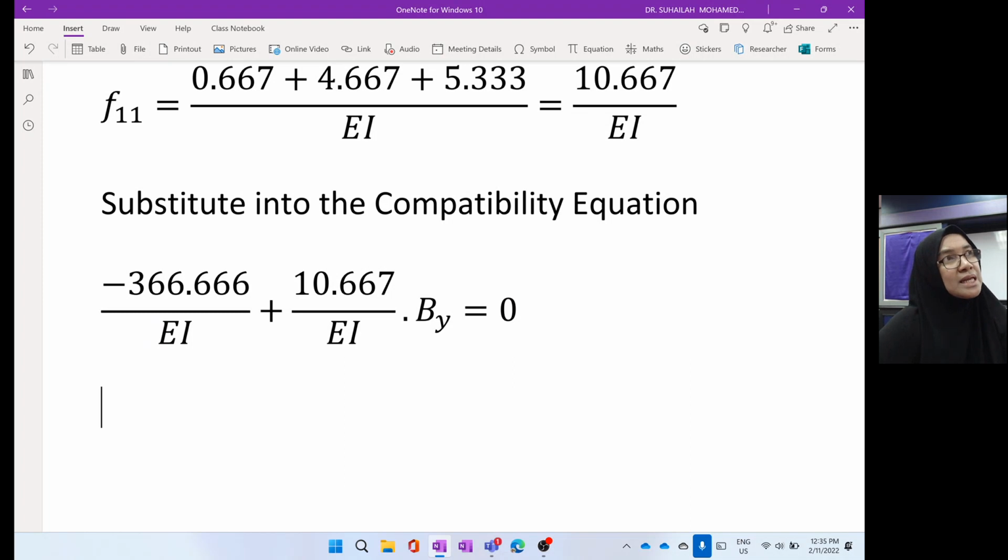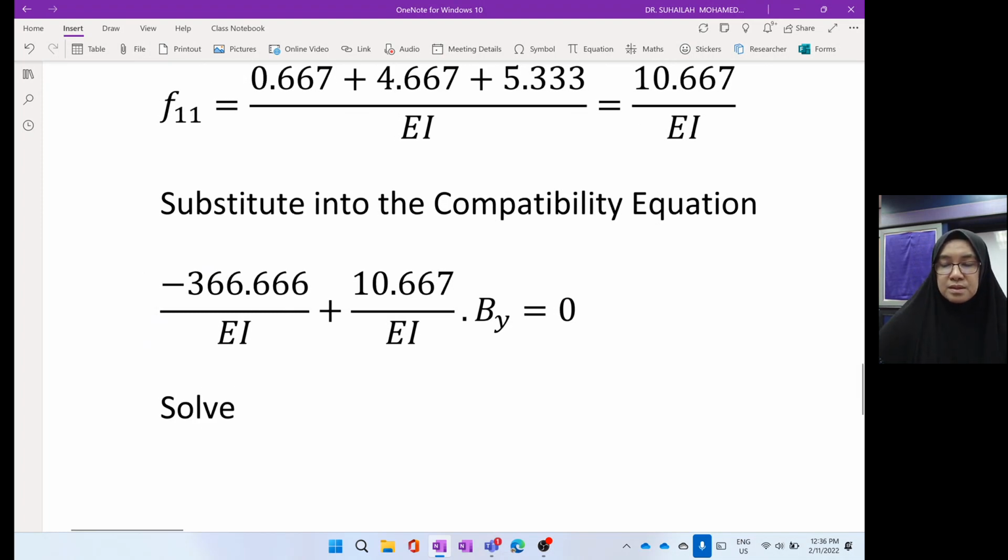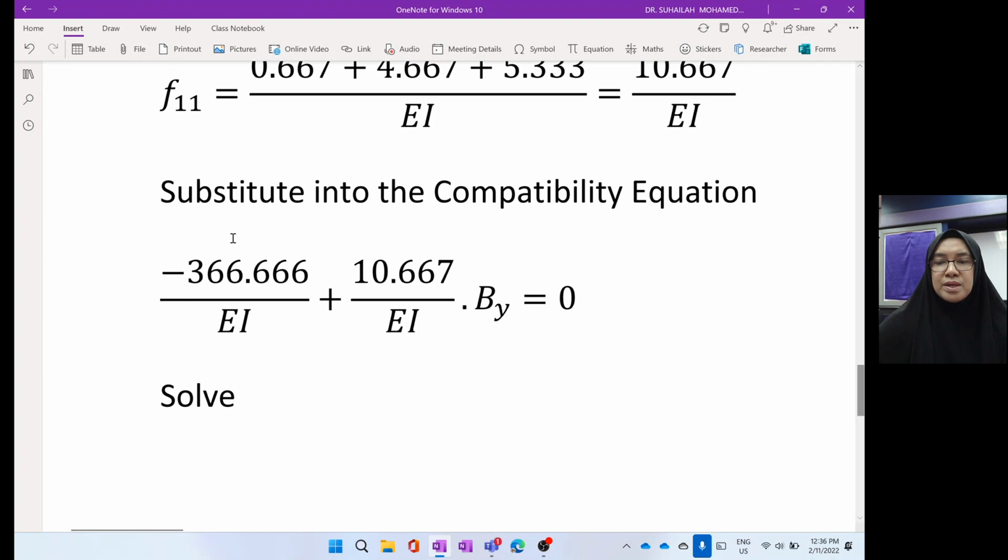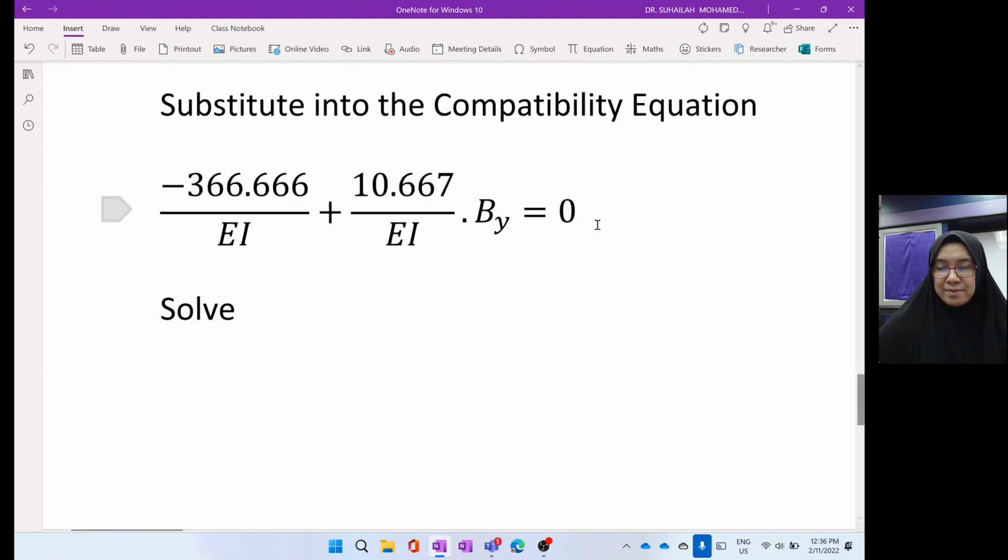So if we have E and I, we divide by EI, it becomes 0 something. So that is the real displacement. But if you cancel here and give this as the equation, cannot. Okay. So we remain EI in the compatibility equation. When we solve, then only we cancel EI. So we solve. When we solve, we get BY.